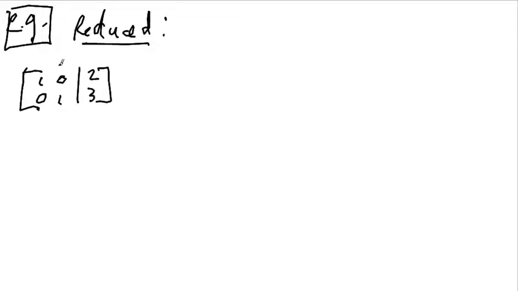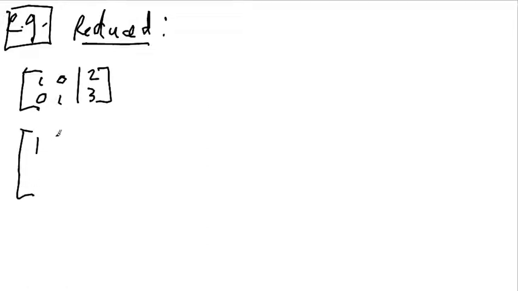Both of these rows are non-zero, so great. Each of them starts with a 1. The entries below or above each 1 are 0, and this 1 appears to the right of the 1 above it. The one below this is to the right. So that is reduced.